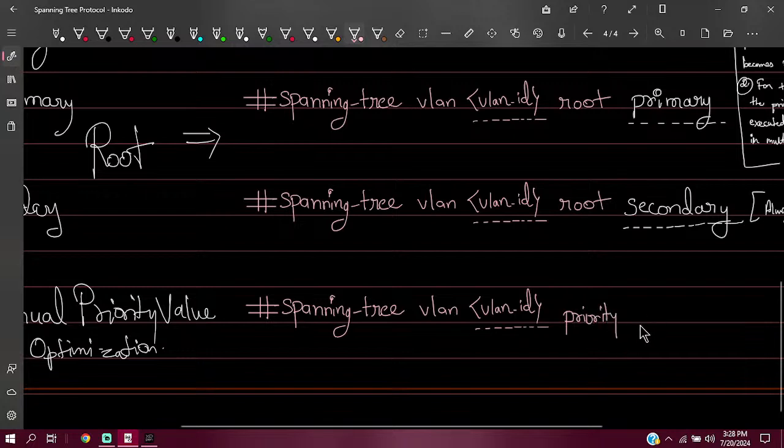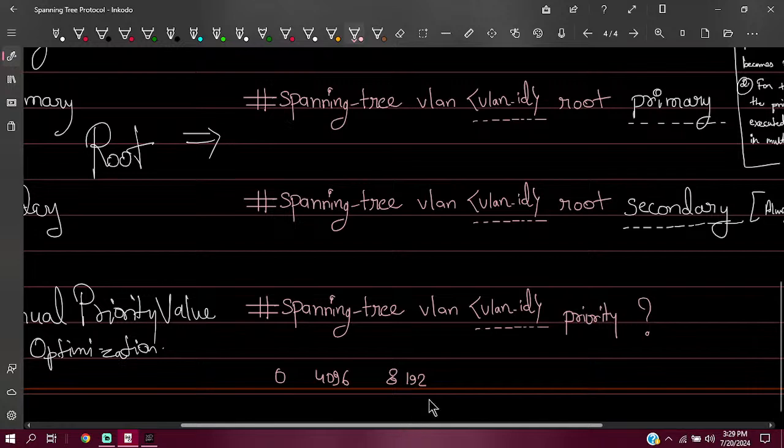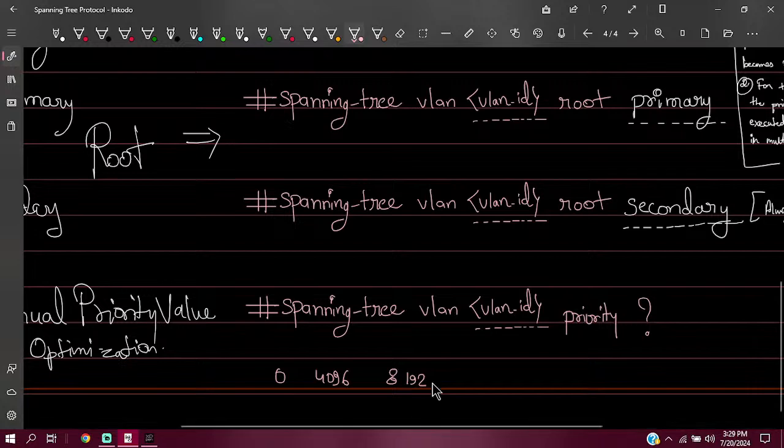But do remember, after hitting space, hit a question mark so that you can identify the possible priority values which are in the increments of 4096. The values would be 0, 4096, 8192, 16384, and then, sorry, there would be one more value here, 12288. Let me just rerun this particular command in the switch, and I'll quickly type it here.